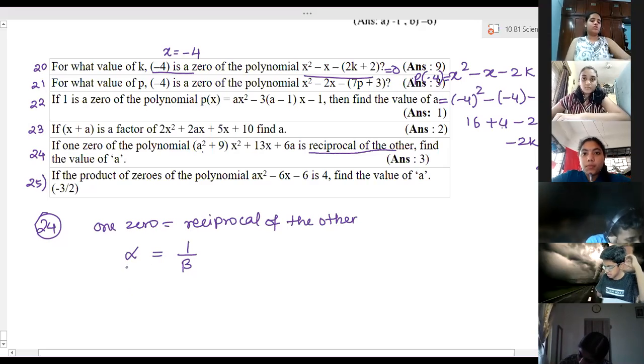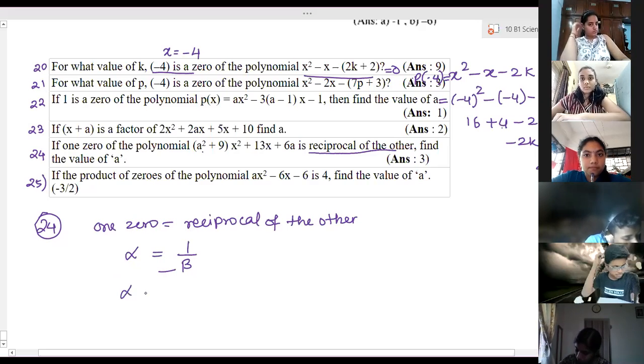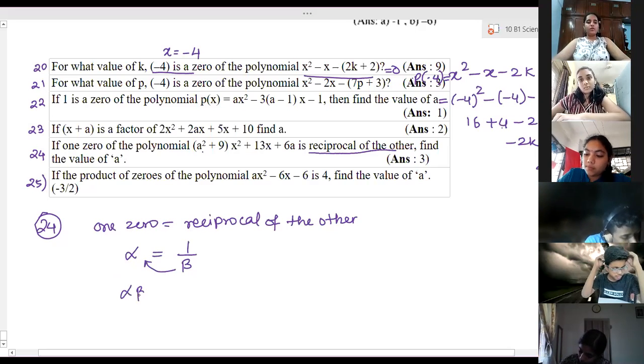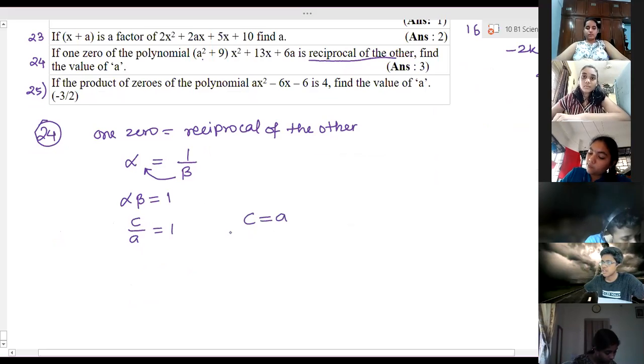So here if we simplify, what we will get? Beta will be transferred to LHS. Alpha into beta is equal to 1. So what is alpha beta? Product. C by A is equal to 1. So A will be transferred, C is equal to A. So what is the term C here?